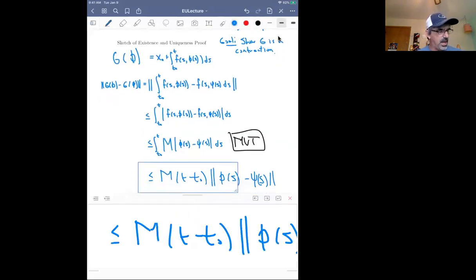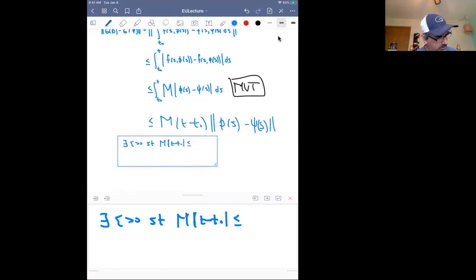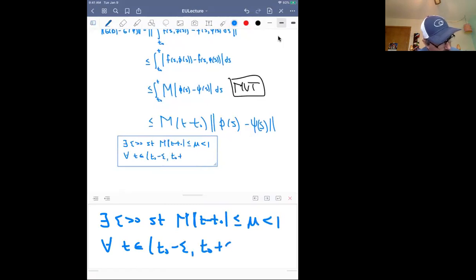I can do that by taking t close to t naught. So now I can say that there exists an epsilon greater than 0 such that M times the absolute value of t minus t naught is less than or equal to mu, which is strictly less than 1, for all t in the interval t naught minus epsilon to t naught plus epsilon.